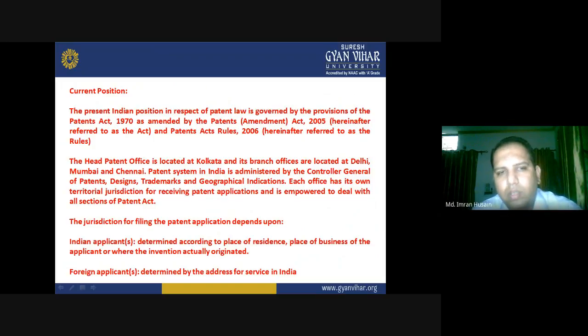So, what is the main purpose of patent law, as we are discussing? The basic aim of patent law is to balance the interests of inventors on one hand and the interest of the public on the other hand. Everything should be balanced and should not be on one side. The inventors are rewarded with a limited exclusive right on their invention.